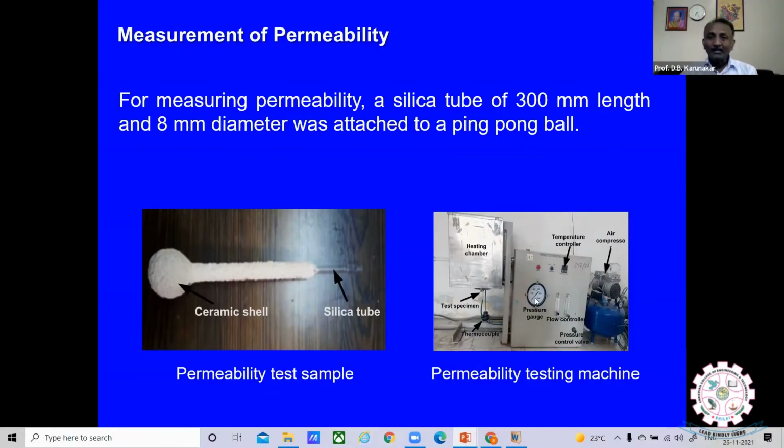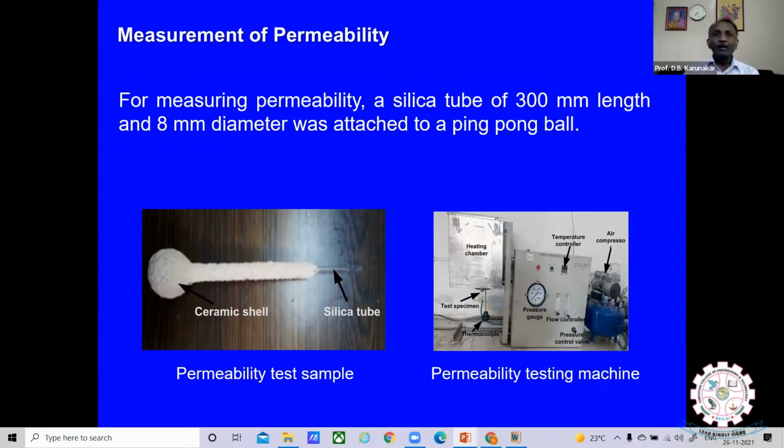Now this is the permeability testing machine. This sample will be taken and there will be a tube, and that tube will be inserted here. You can see the air compressor. Air will be sent out at a high pressure, entering this tube, and it has to pass through the ping pong ball.